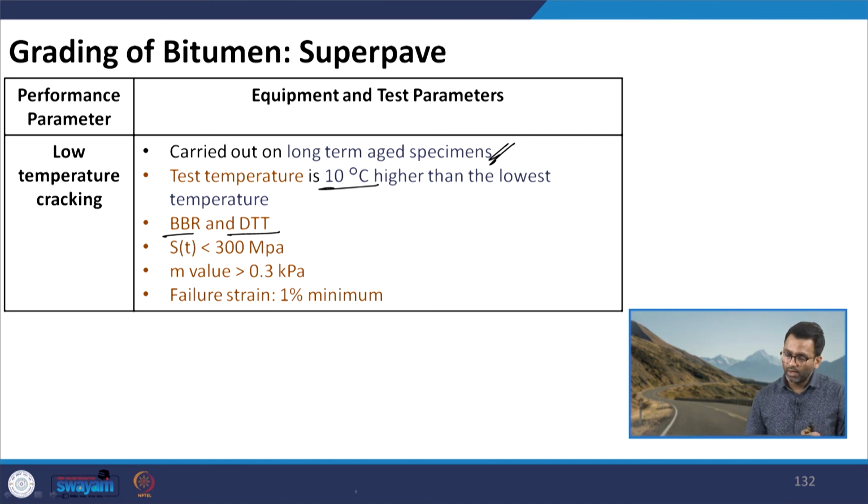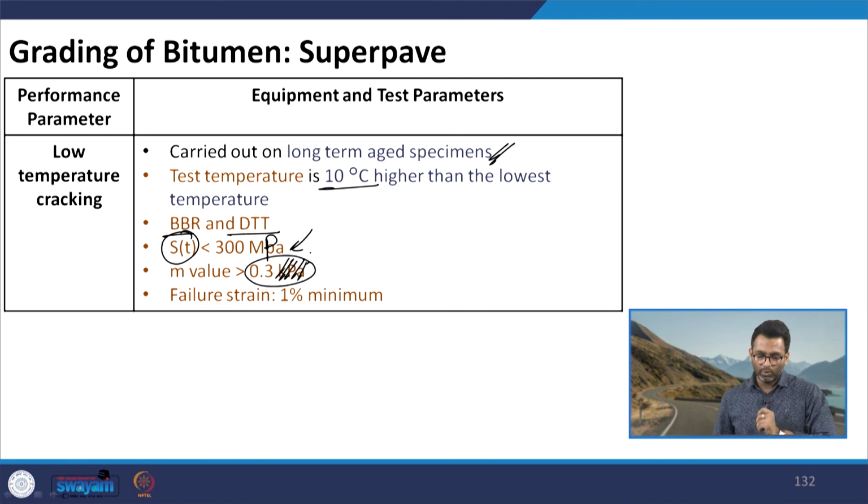In BBR, the criterion is that the creep stiffness should be less than 300 MPa, so the m value should be greater than 0.3, and the failure strain should be at least 1% in the DTT test, alright. So, these are the criteria which should be satisfied for the selection of the appropriate binder in the Superpave grading system.